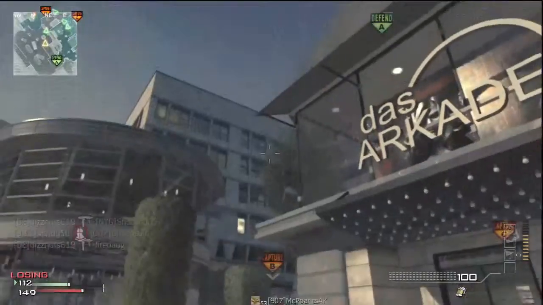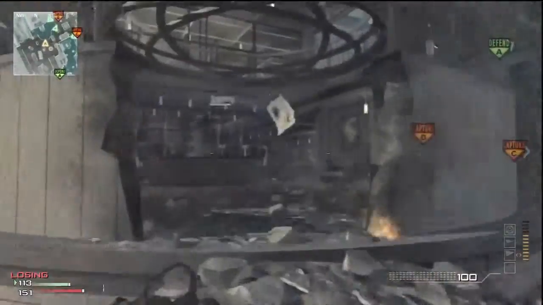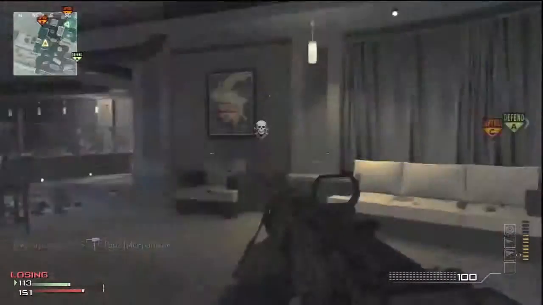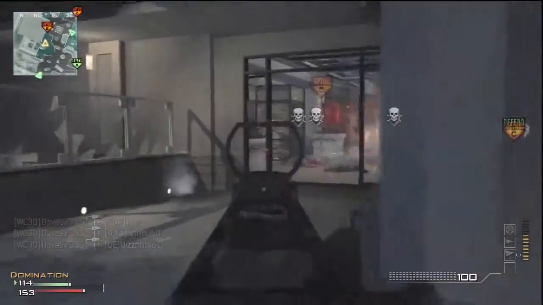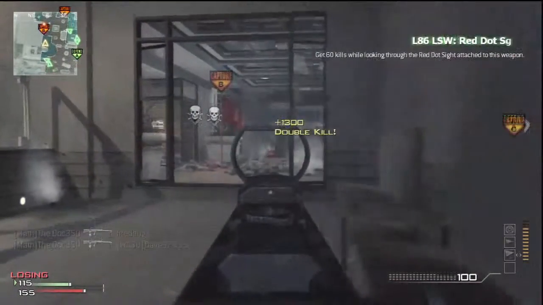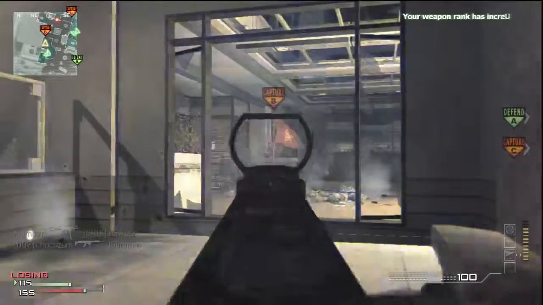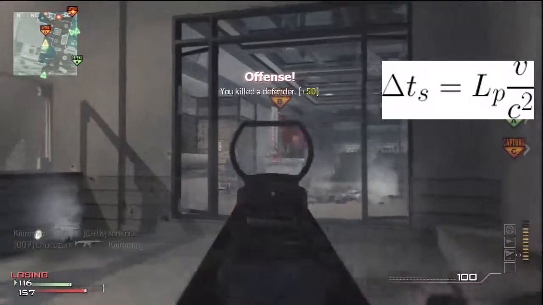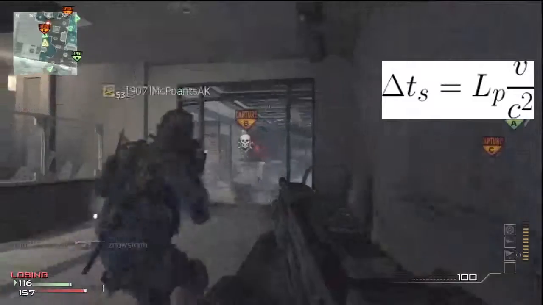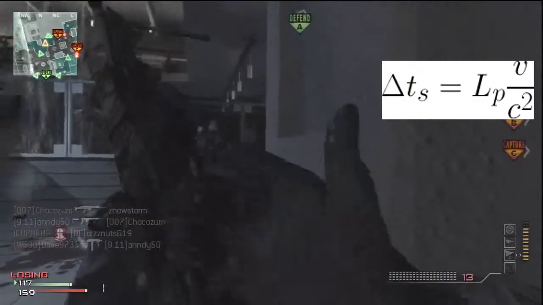Now, we want to figure out the amount of time by which the clocks are out of synchronization with the spaceship. So we're going to use a synchronization formula: delta t sub s equals the proper distance between the clocks, L sub p, times v over c squared.